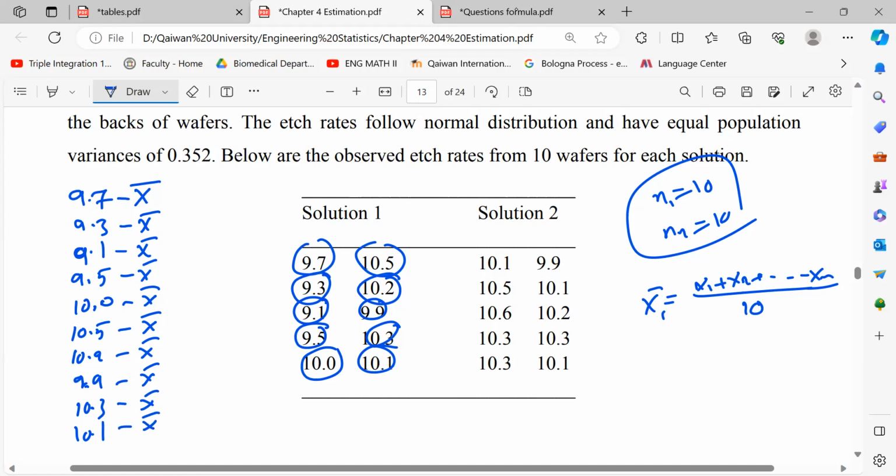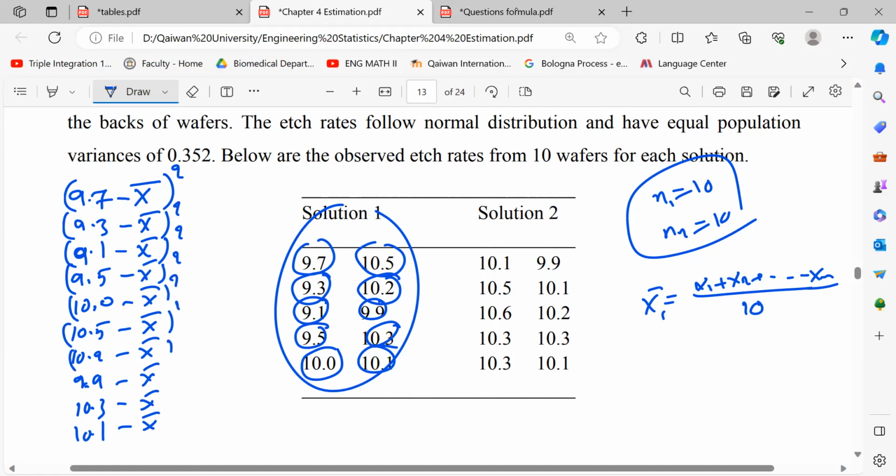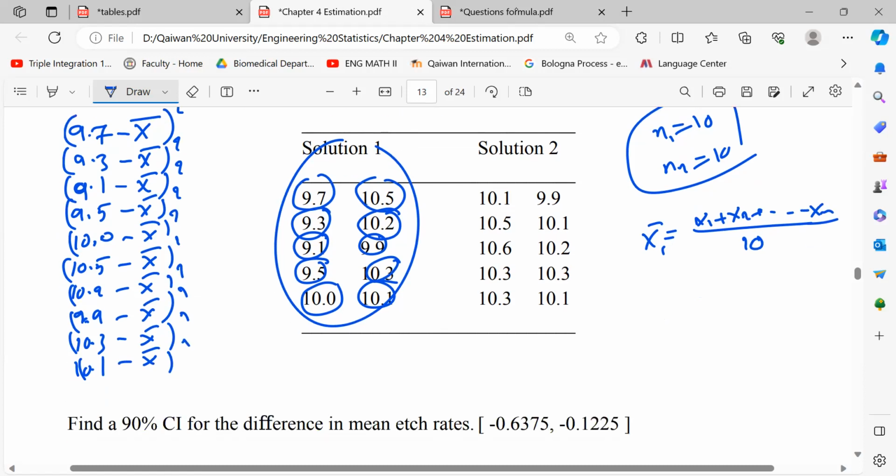We have only one x bar for these data. We subtract that x bar from all the data and then square them. Square all of these, and find the sum of these.